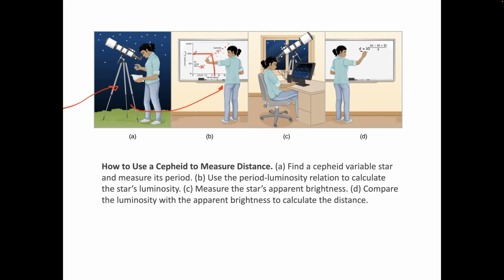So once you find the luminosity, then you can again find the apparent brightness of the star as well, which is easy. From this one, you can find the absolute magnitude. And once you know the apparent magnitude, you can use this equation right here.